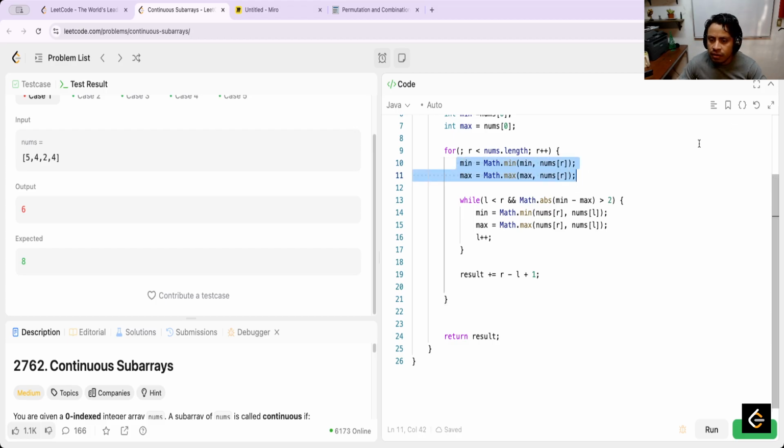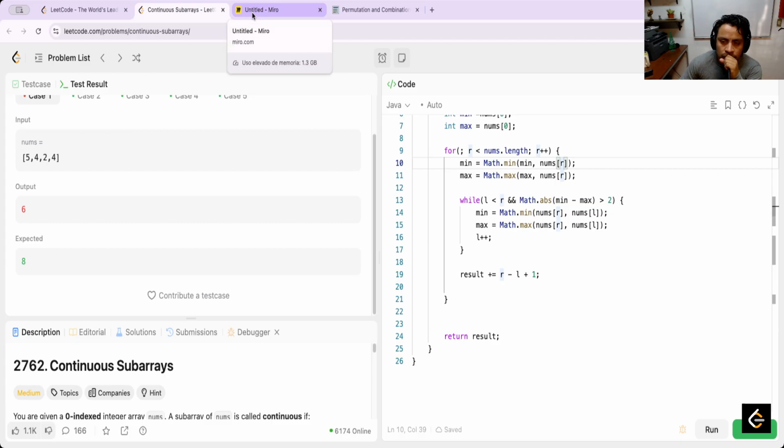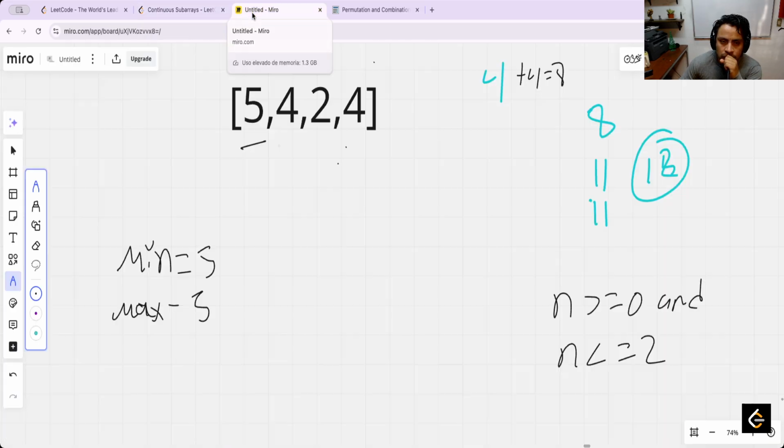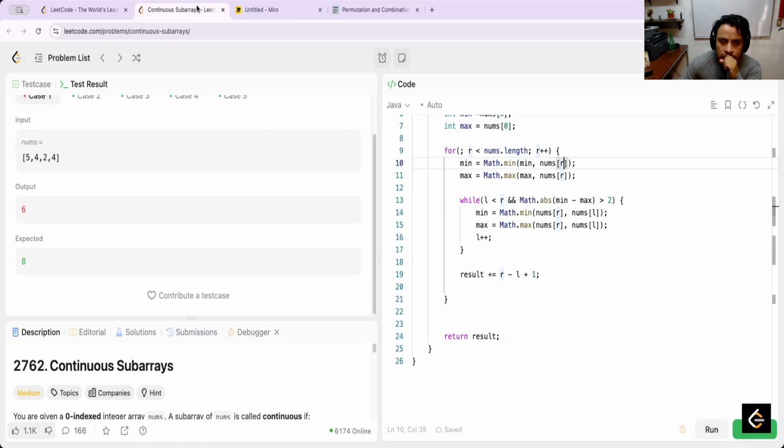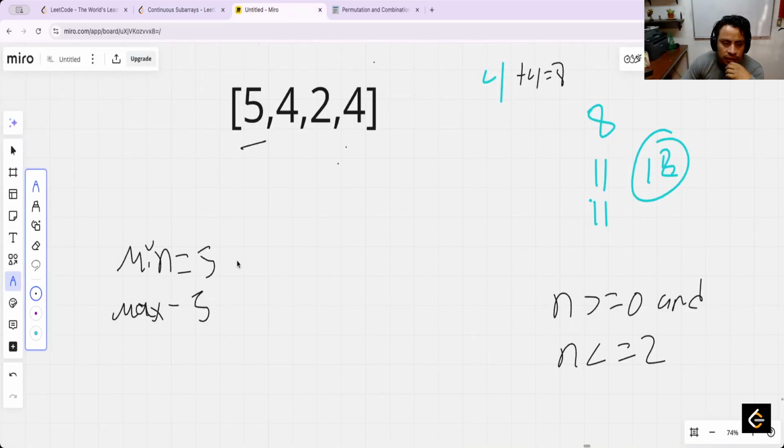And even... okay, is 1. Now move to the next and I check what is the minimum. The minimum is 4.